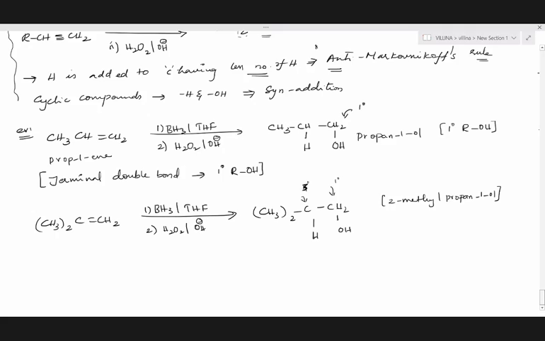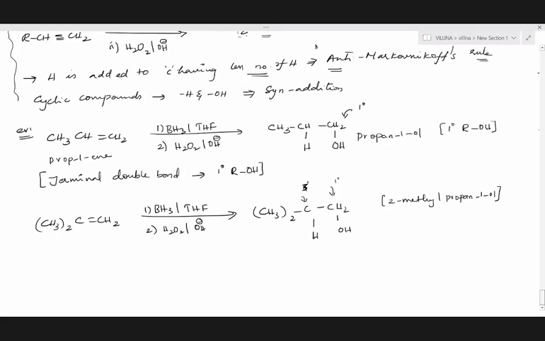The addition of H and OH happens by anti-Markovnikov's rule, because our OH group is attached to the terminal carbon and the hydrogen is attached to the inner carbon, which has fewer hydrogens, opposite to Markovnikov's rule. That's the important point you have to note down.